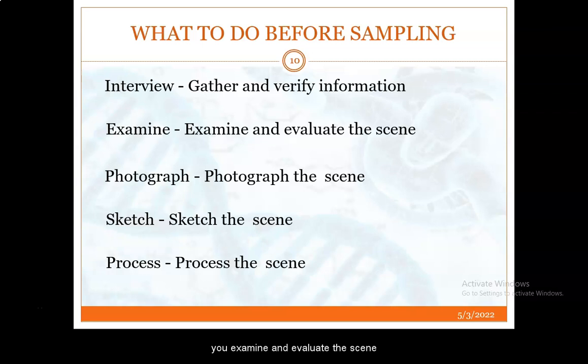You do examination, that is, you examine and evaluate the scene where the body has been found. You take a photograph of the scene. You also sketch the scene. Then you can go ahead and process the scene and then take your samples. So it's just like the normal crime scene processing procedure.